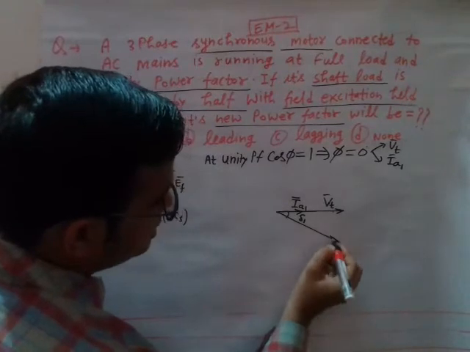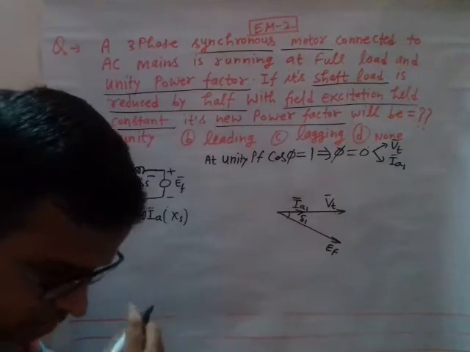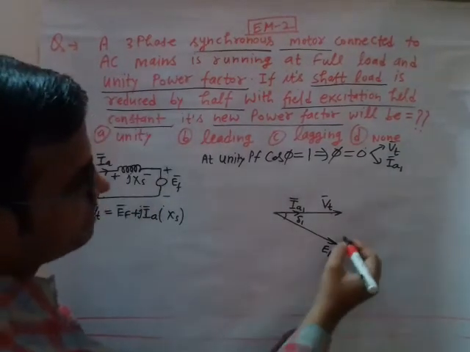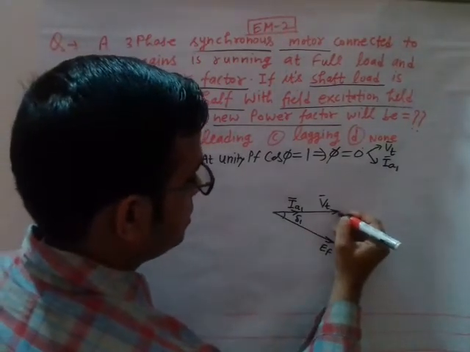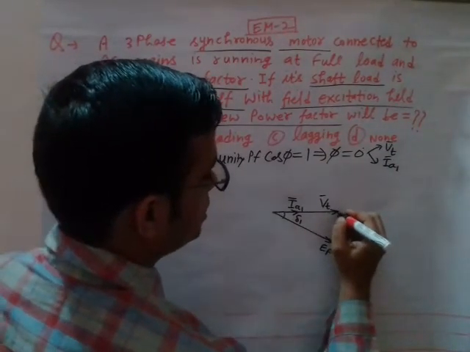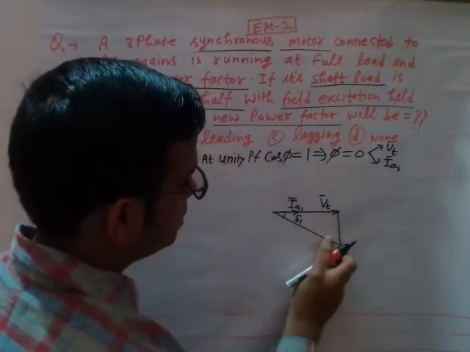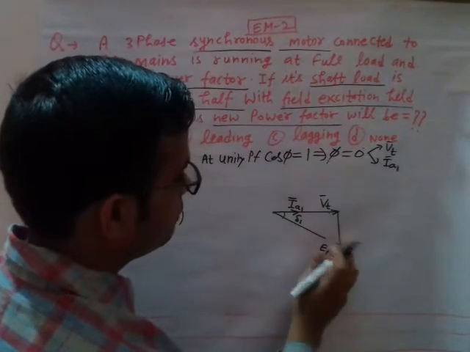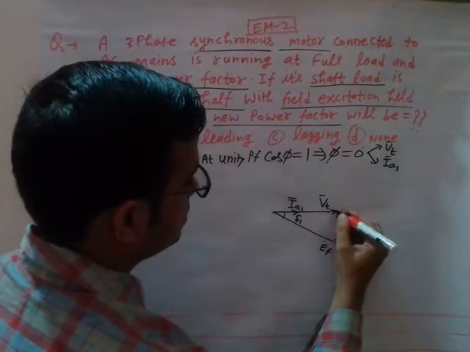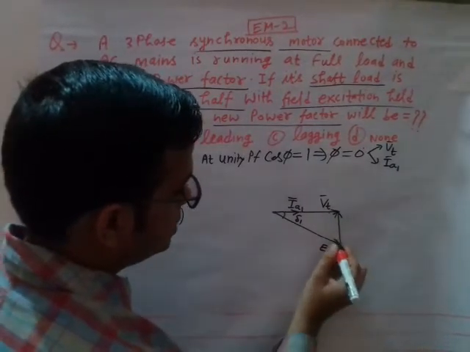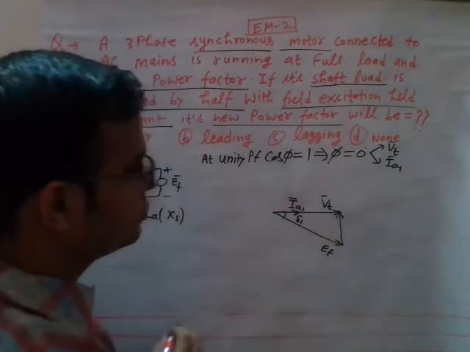When you add j IA Xs at 90 degrees to this excitation EMF phasor, you will get the terminal voltage Vt. So this is the phasor diagram of the synchronous motor at unity power factor.